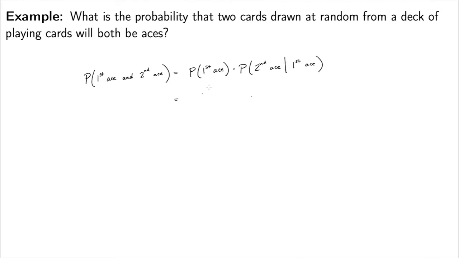The probability that the first card I draw is an ace is 4 aces out of 52 cards, and then times, if I know that my first card was an ace, the probability that the second card is an ace, there are 3 aces left and 51 cards left. This is a little bit different than what we would have done for independent events.